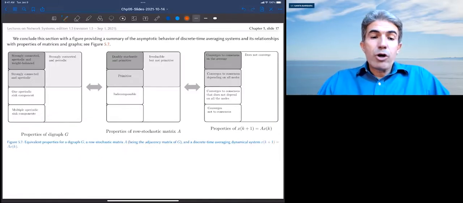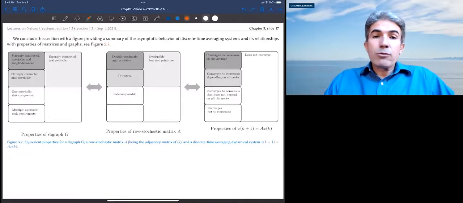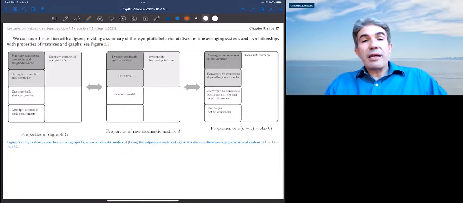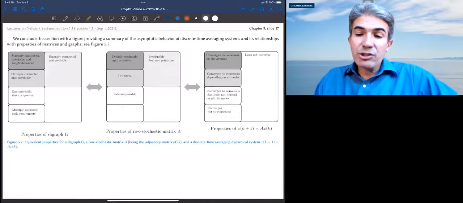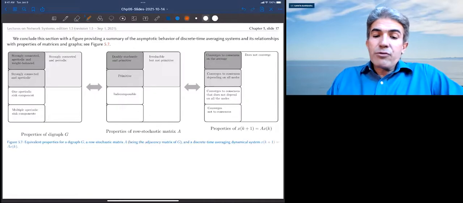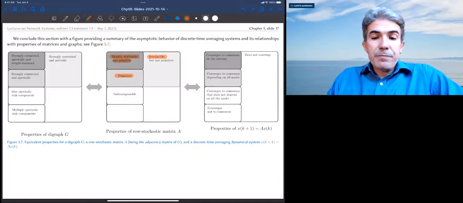In summary of these two sections, we have reached an ability now to classify the behavior of row stochastic matrices. This is really extending that table from chapter 2 where we classify the row stochastic matrices. And as you remember, some matrices were irreducible but not primitive, some were primitive, some are primitive and also doubly stochastic.